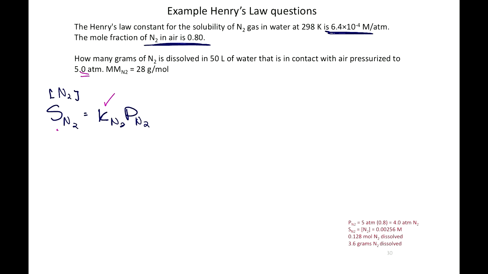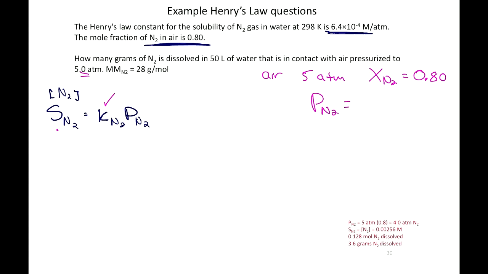So is 5 atmospheres the pressure of nitrogen in the sample? No. I gave you the mole fraction of nitrogen. So in this example we have 5 atmospheres of air, but the mole fraction of nitrogen is 80%. So what is the partial pressure of nitrogen in this air sample?